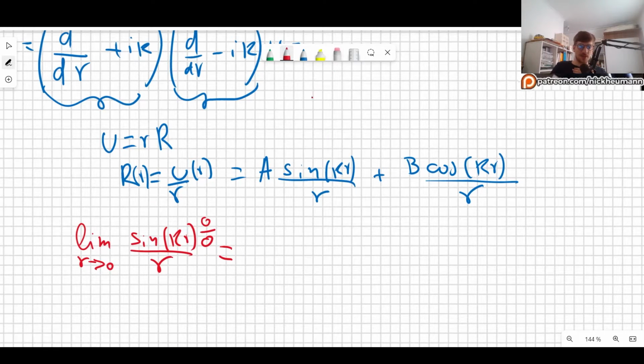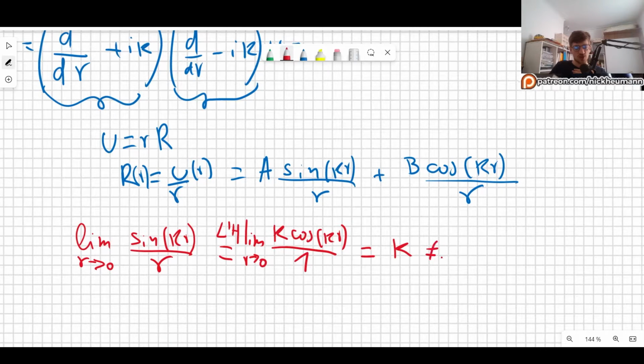So we can use L'Hopital's rule. By using L'Hopital here, we get the derivative of sine, which is k times cosine of kr, divided by 1, and we still want to take the limit of this, as r goes to 0. But now as r goes to 0, this thing simply is going to go to k, because cosine goes to 1, so it doesn't blow up. It doesn't go to infinity or minus infinity or anything like that. So this part is all right.